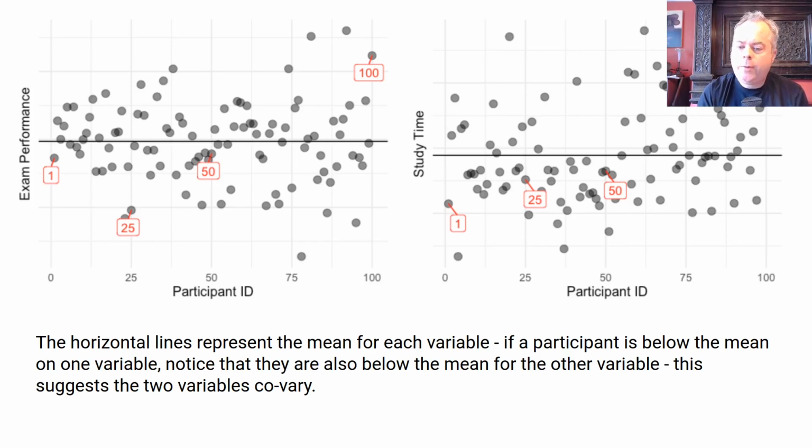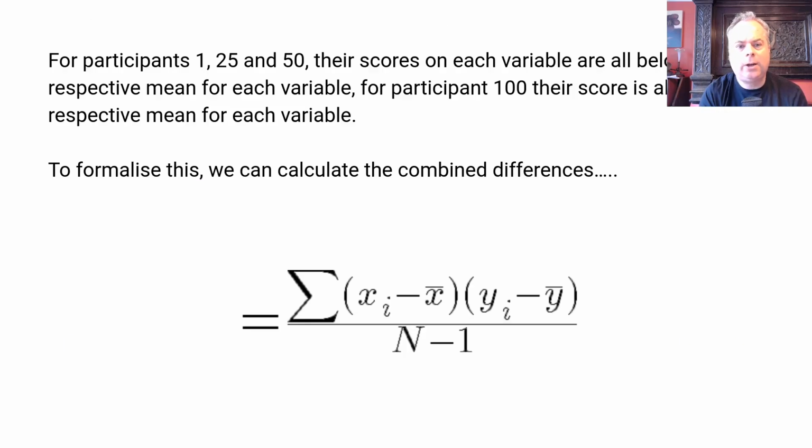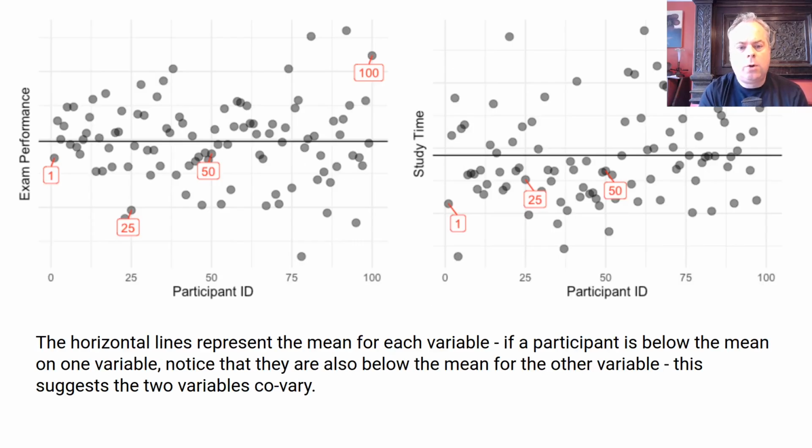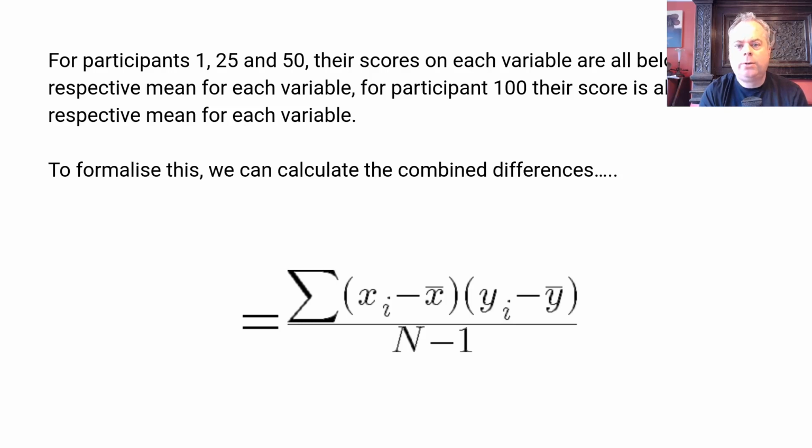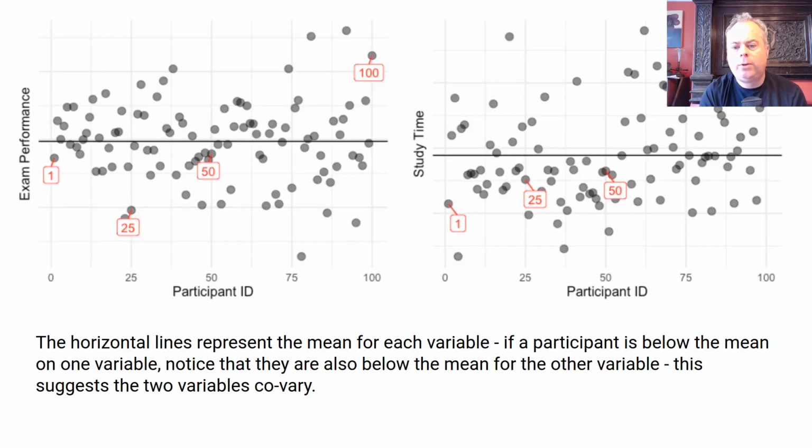So if two variables covary, if you recall, we were saying that if a participant, say, is below the mean on one variable, then we'd expect them to be below the mean on the other variable. And that's what we're getting when we look at these two visualizations here. So for participants 1, 25, and 50, their scores on one variable were below the mean, and their scores on the other variable were also below the mean.